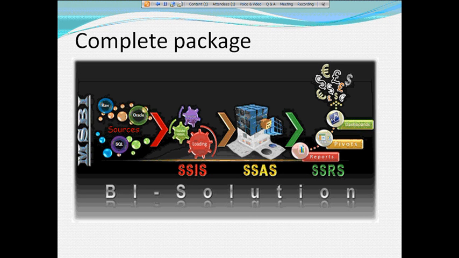Even though these three are the core components of the Microsoft Business Intelligence Suite, they don't really have to be used together all the time. For example, if a company is using some other analytics engine, they can still use SSIS as their ETL tool.